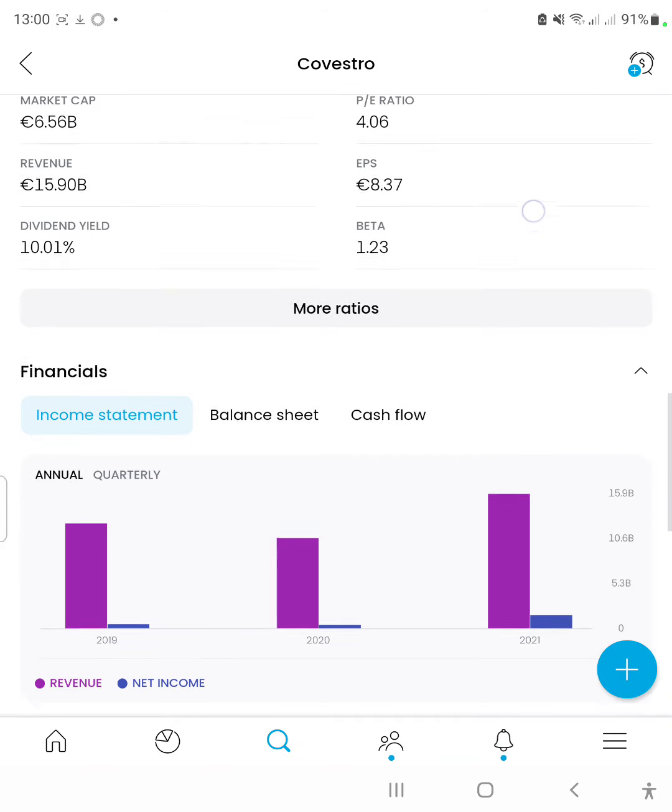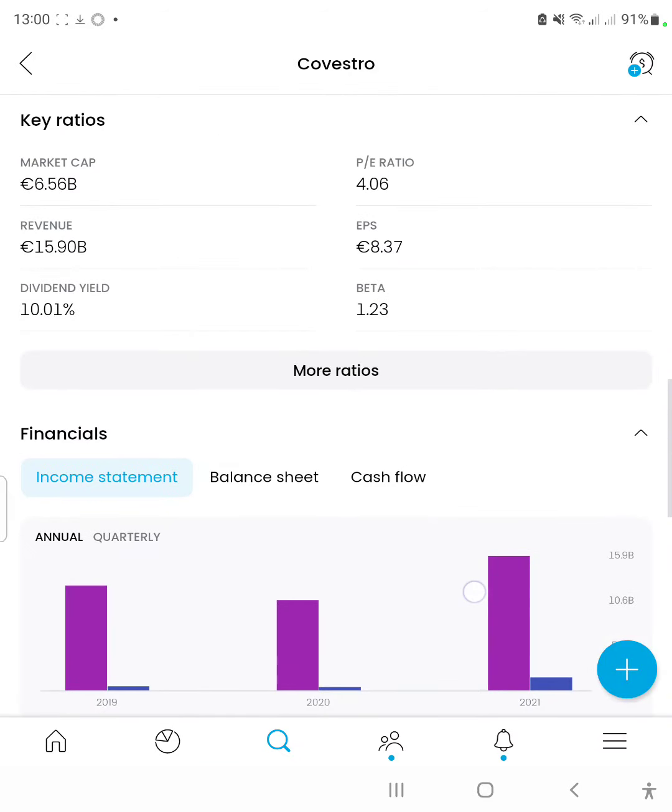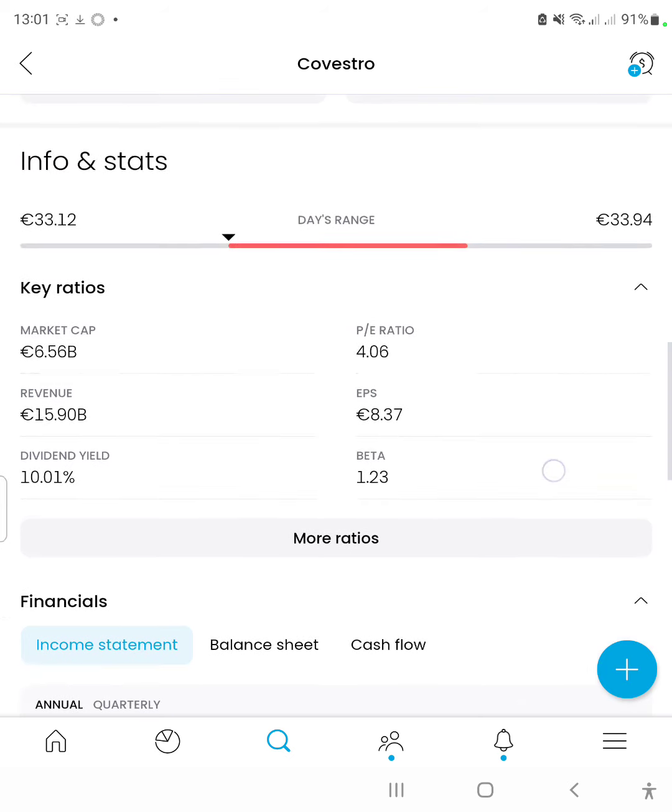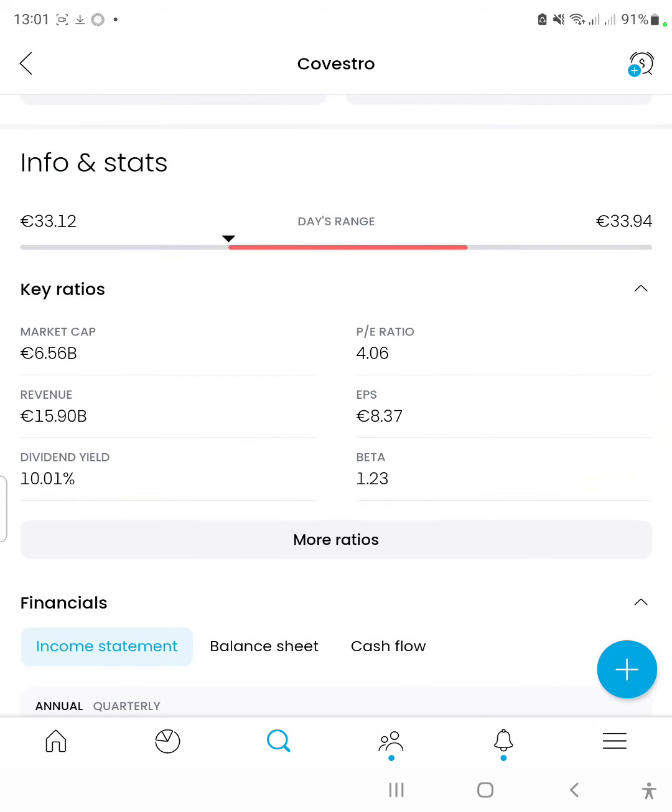We're going to look at the earnings per share, which is similar to the price to earnings ratio, but it's kind of like half the price to earnings ratio. The price to earnings ratio is the share price divided by the earnings per share.